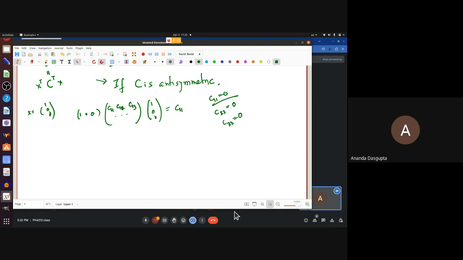In general, Cij plus Cji is 0. Here you have only 3 by 3, but the result actually works for n by n.